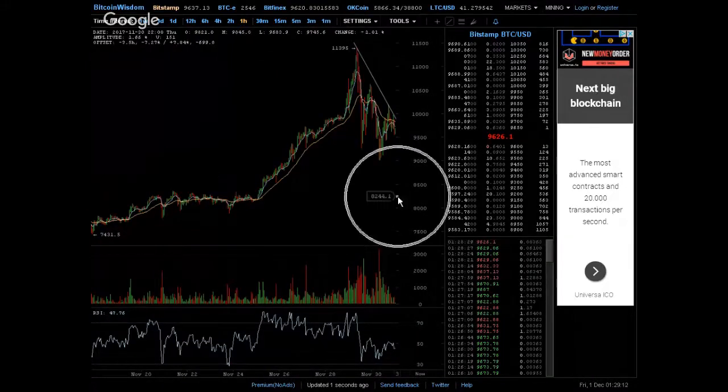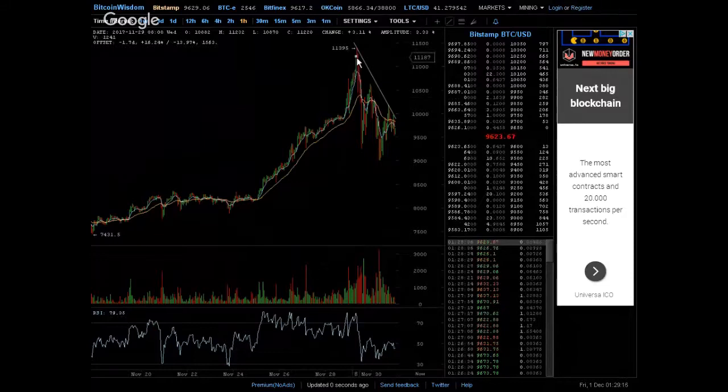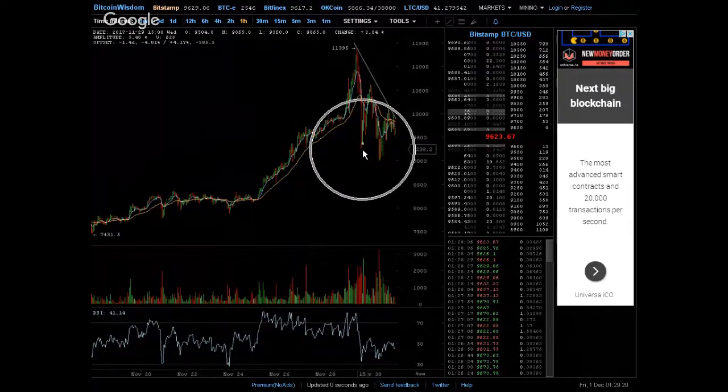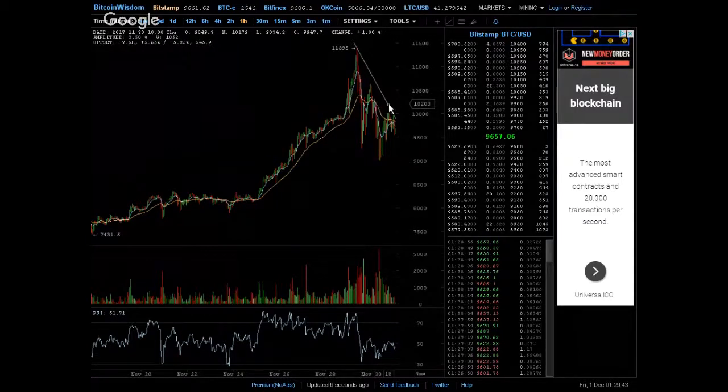Sometimes it'll get violent and maybe even just go really low. But you can see that this is the high, a lower low, another lower low, and then a potential lower high.